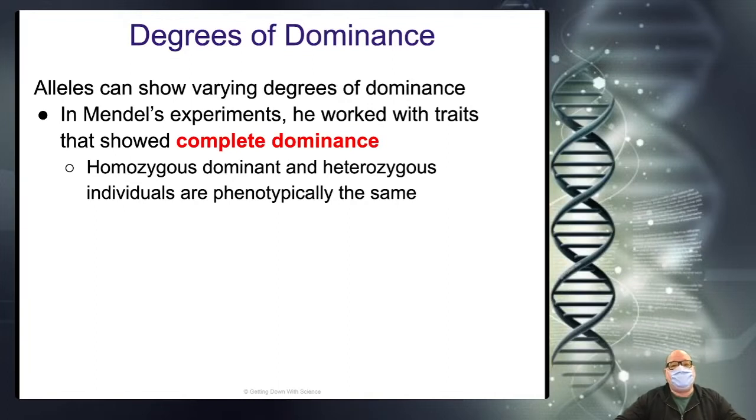These guys have the exact same traits, even though they are heterozygous and homozygous dominant. So let's say that white flowers are dominant. Big W would be the exact same thing as big W, little w. So they have the same exact phenotypes.